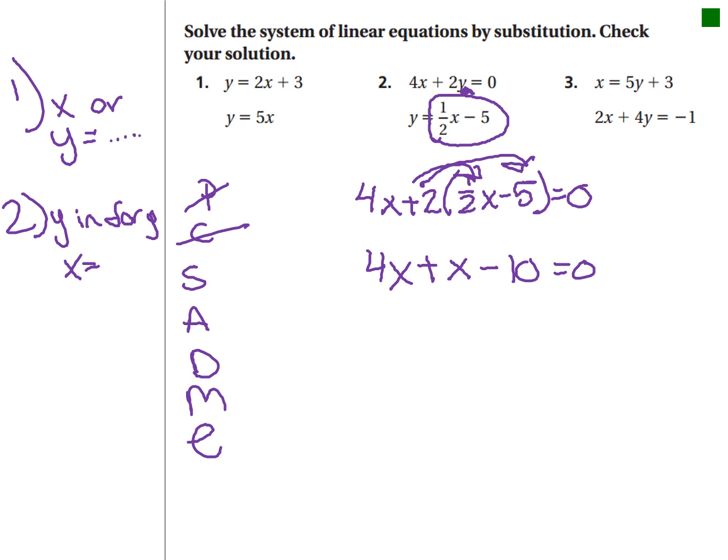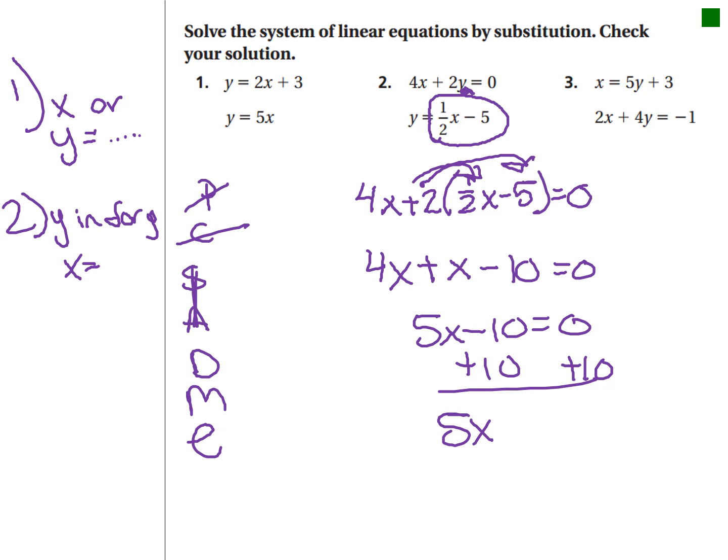All right, like terms, yep, we have 4x and we have x. 4x plus x is 5x minus 10 equals 0. Subtraction or addition, yep. Add 10, 5x equals 10. Division, multiplication, yes. Divide by 5, x equals 2.